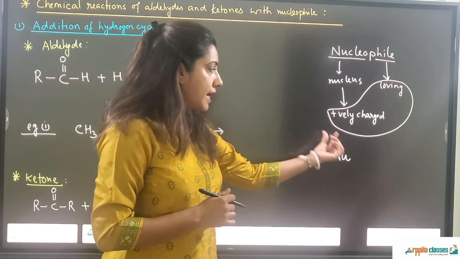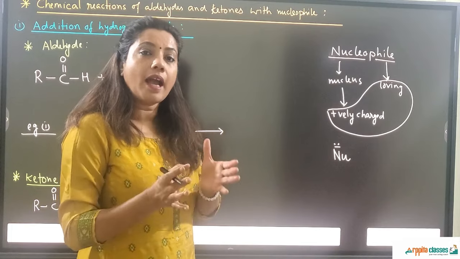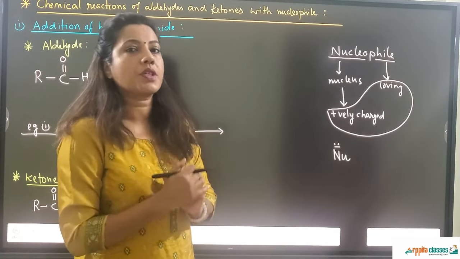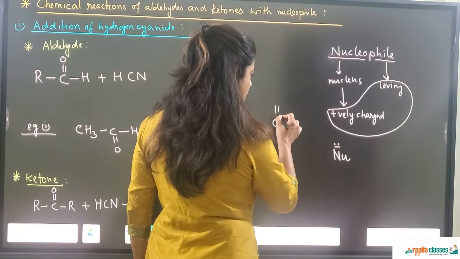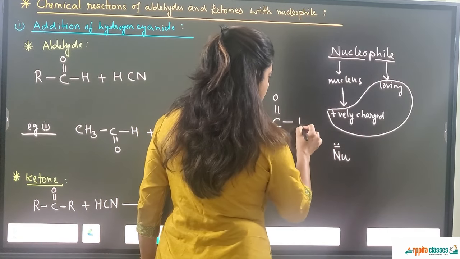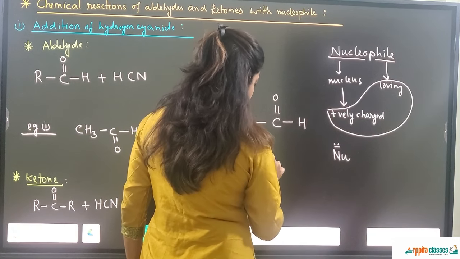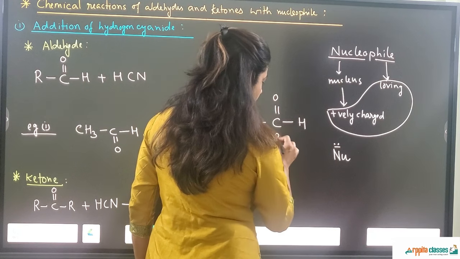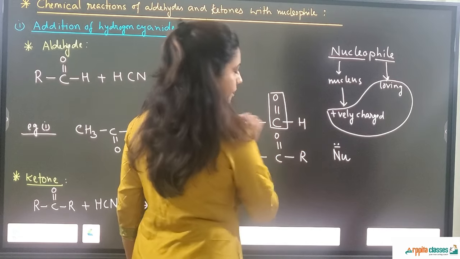So if this gets added to something, where will it get added? It will get added to something which is positively charged. So when we talk about the aldehyde or ketone, just check the C double bond O bond.